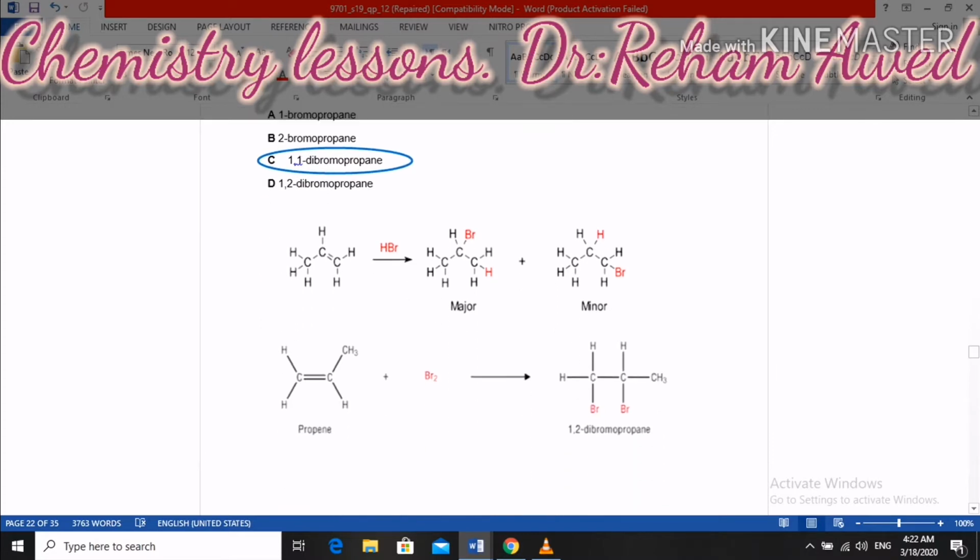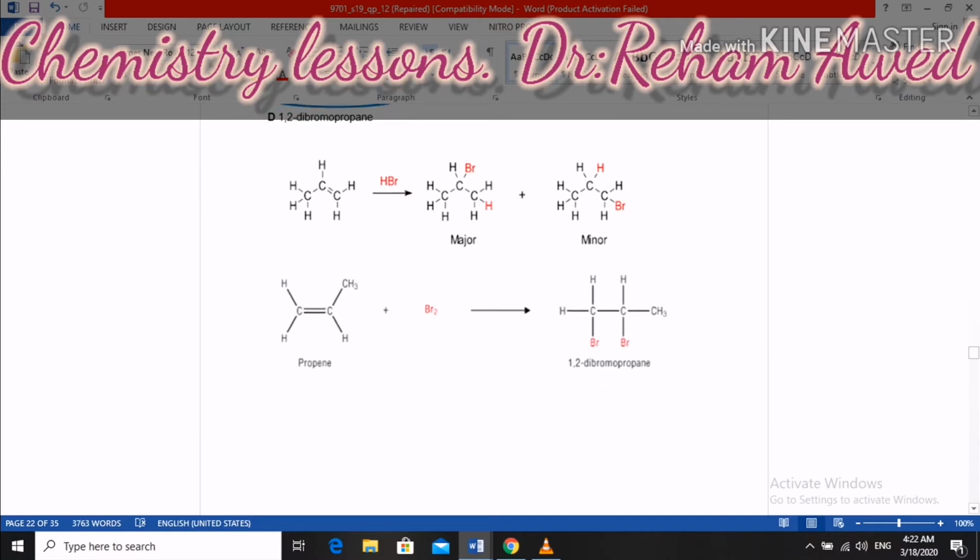Second one, propene plus Br2. We will break the double bond and add Br. So we have CH2Br-CHBr-CH3, 1,2-dibromopropane.